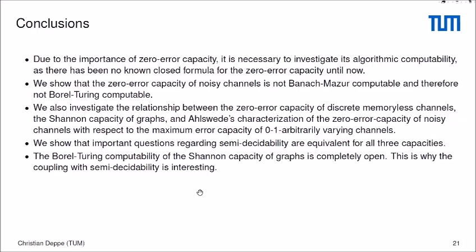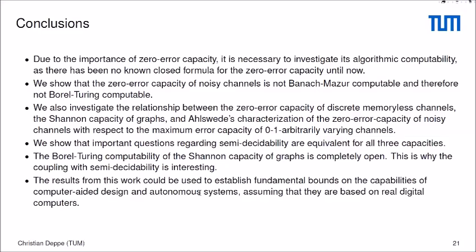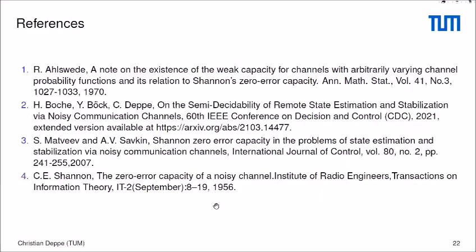The Borel-Turing computability of the channel capacity of graphs is completely open. This is why the coupling with semi-decidability is interesting. The results from this work could be used to establish fundamental bounds on the capability of computer-aided designs and autonomous systems, assuming that they are based on real digital computers.